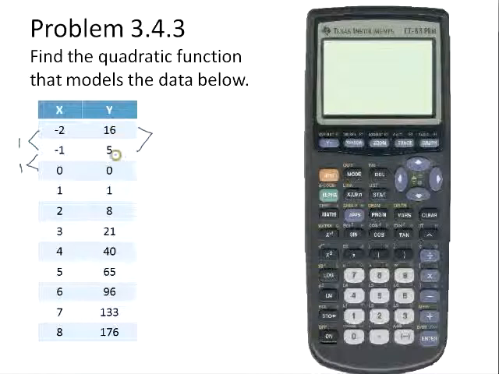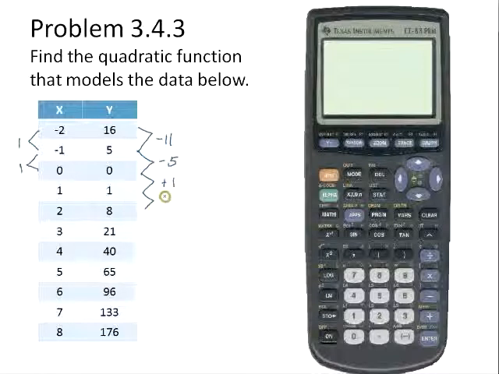If I look at the difference between the 16 and the 5, 5 minus 16 will give me -11. If I look at the difference here between 5 and 0, 0 minus 5 is going to be -5. If I look at this difference here, 0 minus 1 is going to be negative... oops, I have to do it the other way. That's going to be a +1.